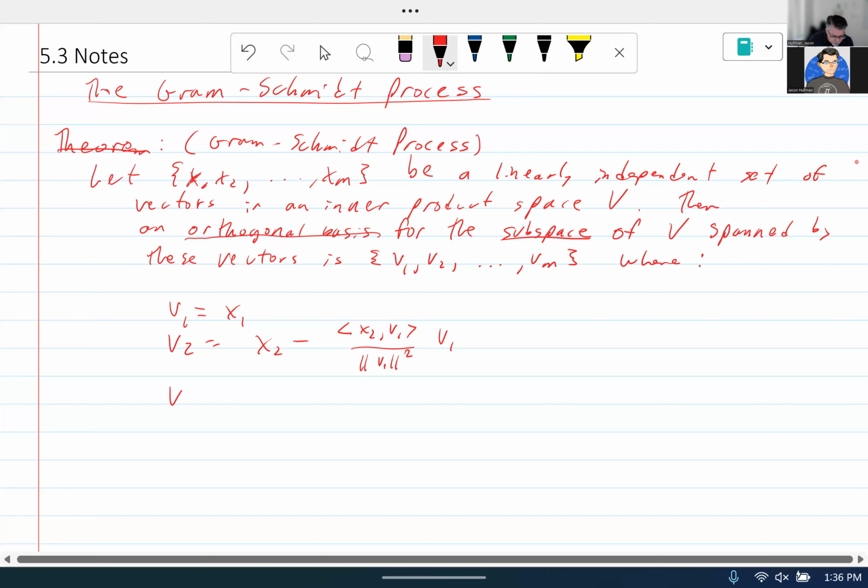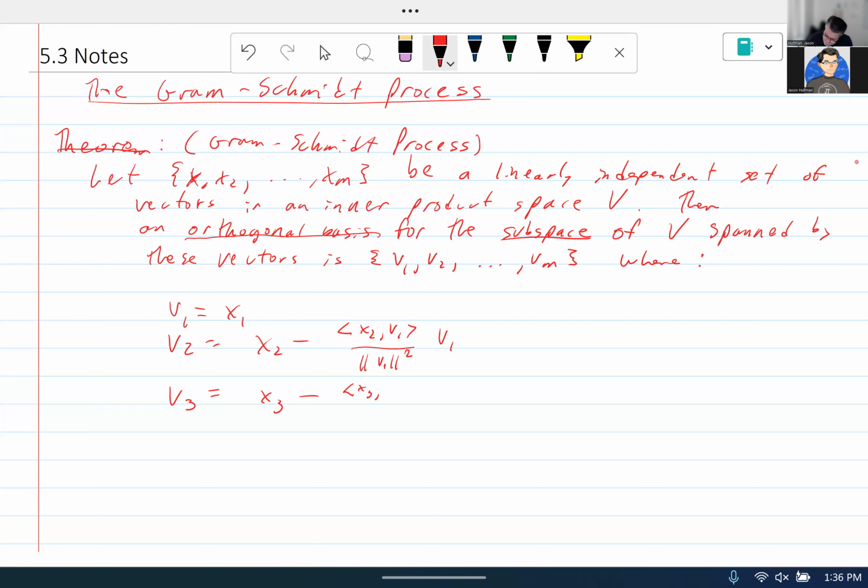And then v3 is equal to x3 minus, okay, x3 inner product with v1 over the norm of v1 squared times v1.